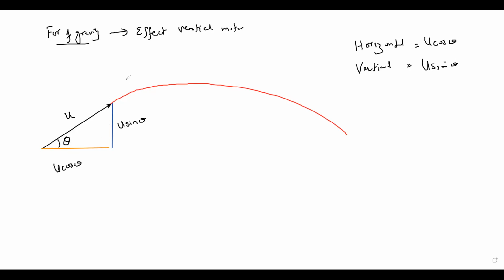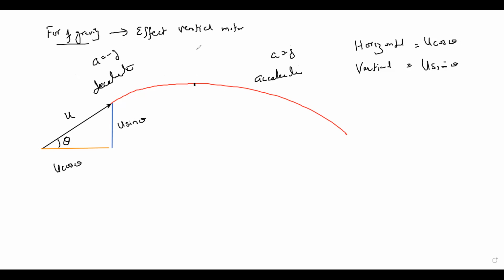As it is moving up, the vertical component will decrease, or it will decelerate. And as it is coming down from the maximum height, the vertical component will increase, or we can say it will accelerate. The acceleration and deceleration will be the same, due to gravity. So when it is decelerating, it is minus g. When it is accelerating, it is equal to g.